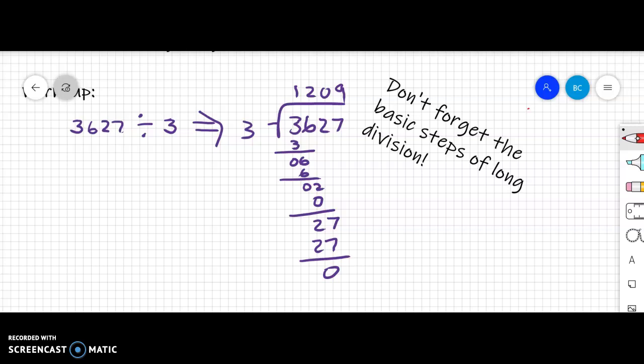Then I ask myself, how many times does 3 go into 3? So the first part is that I'm going to divide. And I say it goes 1 time. And then I do 1 times 3 is 3. So then I multiply. Then I subtract and get 0.